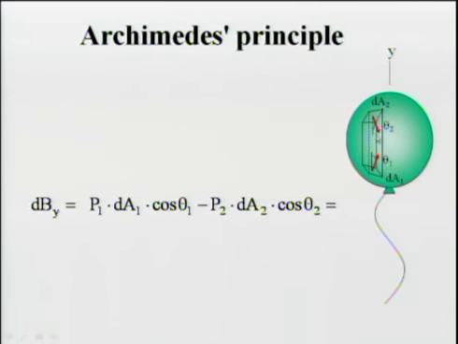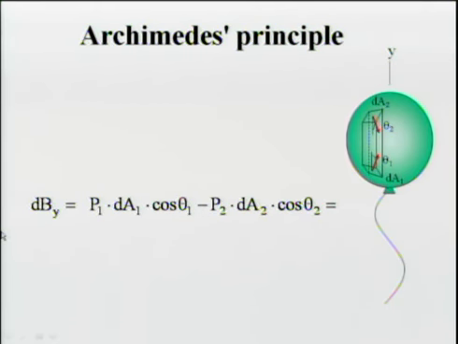Now this force is downward, so I automatically put a minus sign, indicating that the vertical component is negative. The pressure at that location multiplied by the area gives me the magnitude of this force over here. If I multiply it by the cosine of this angle, I will get the vertical component of that force.